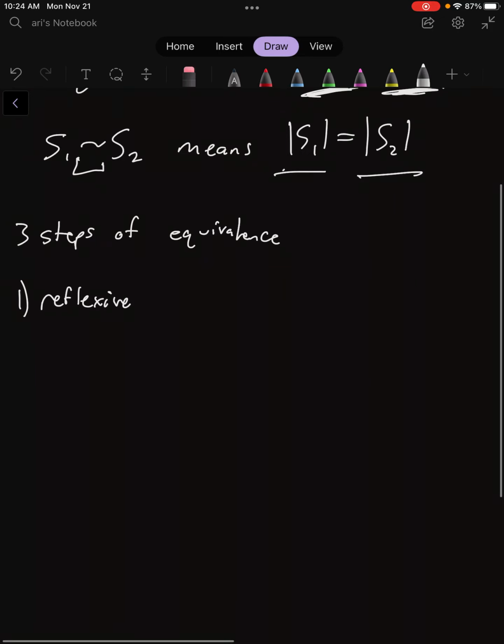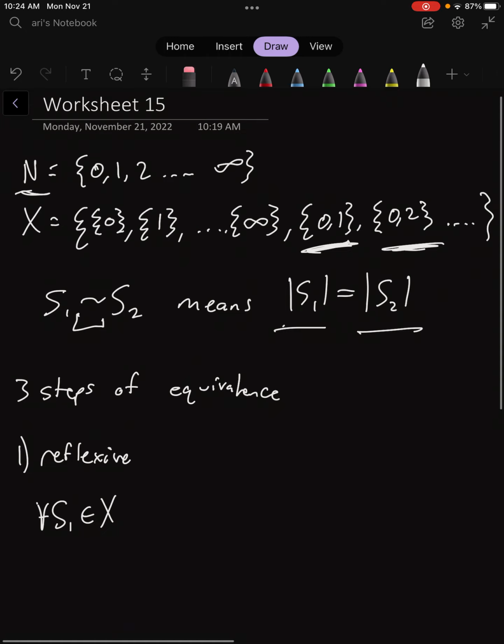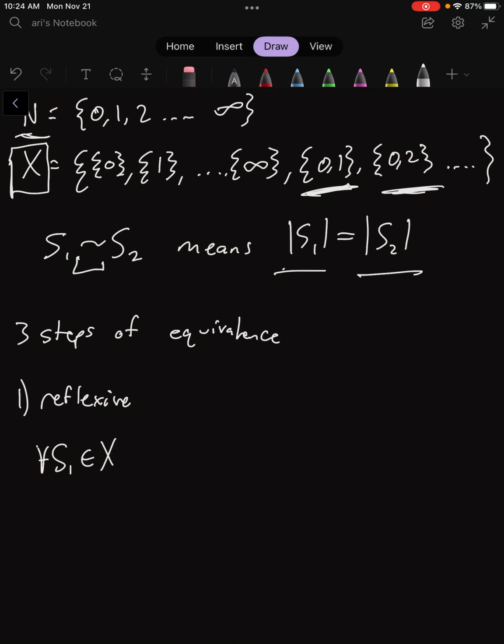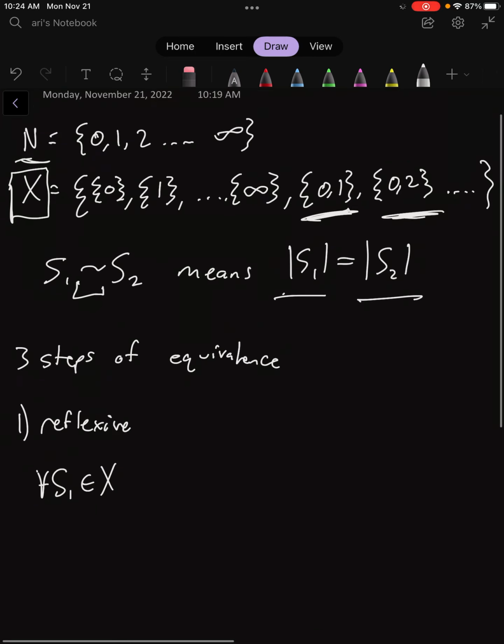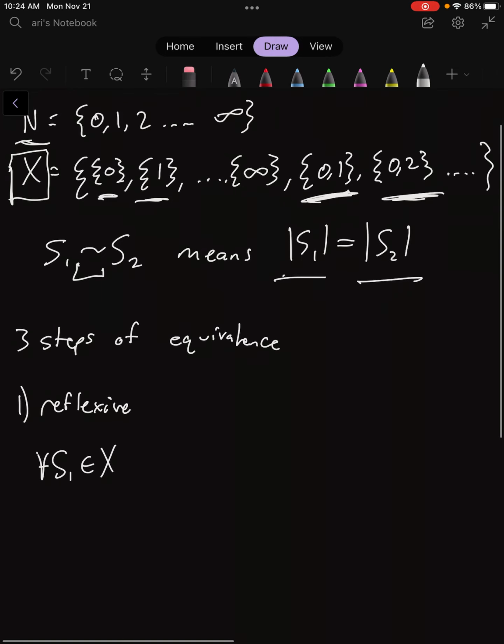The reflexive property is for every S1 in X. Remember, these S1 and S2 come from X over here. That's where they're coming from. So they're subsets of the natural numbers. That's what S1 and S2 are, and they could be of any length. It could be of cardinality 1, like these sets 0 and the set of 1, or it could be cardinality 2, like 0, 1, and 0, 2, or it could be infinite cardinality.